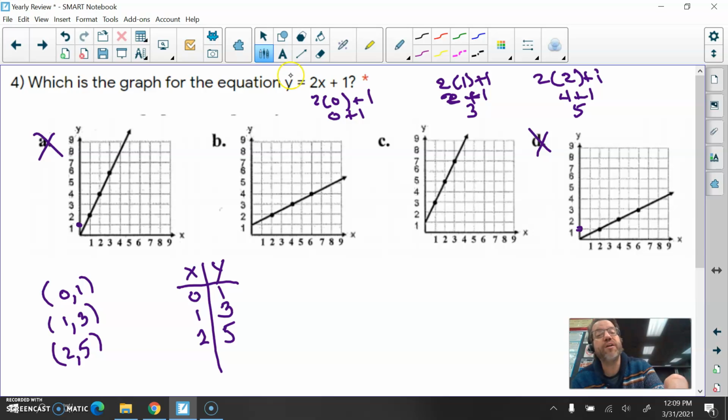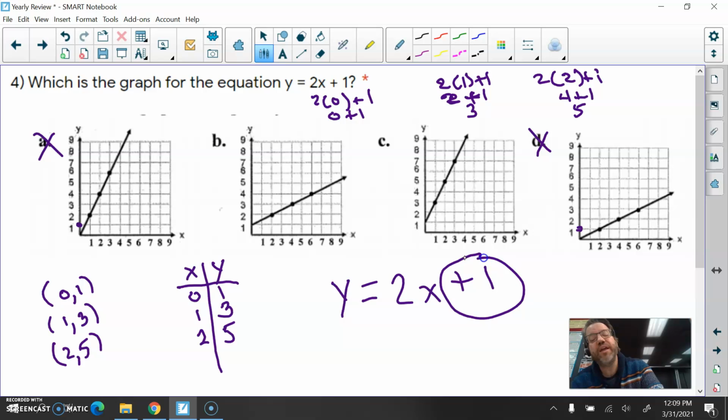Oh, and by the way, whenever you see an equation like here, y equals 2x plus 1, whenever you have something being added or subtracted on the end, you would typically see it being added in the 6th grade. That tells you where the line will pass through the y-axis in your graph, at plus 1. And notice B goes through plus 1 on the y-axis.